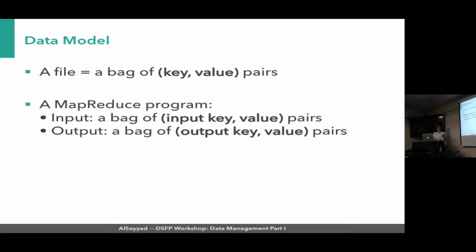So all database rows can be expressed as key value pairs. However, not all key value pairs are database rows. You can think of these as a superset. It's a data model that's a superset of a database row. And this will become clearer in the example and in the exercise. So you have to formulate your input in terms of key value pairs and your output in terms of key value pairs.